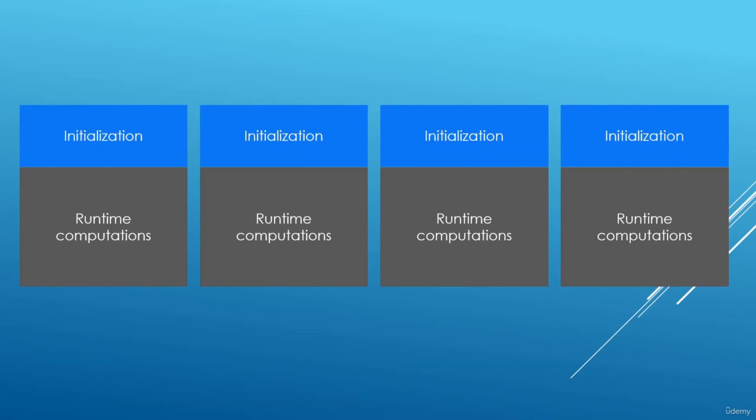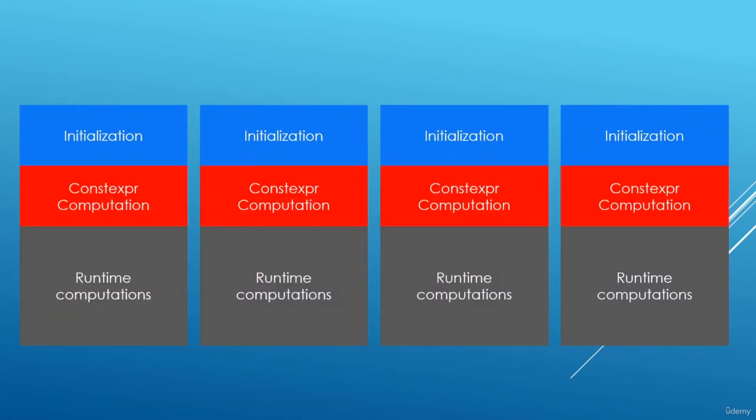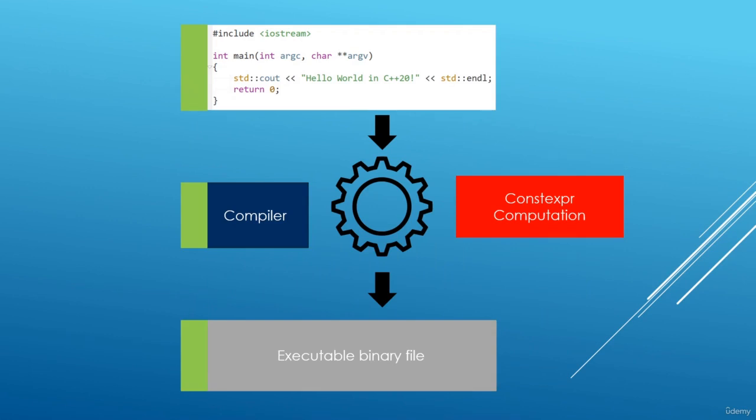So compile time computations are really moving the penalty to the developer. The user of your application doesn't pay the price when they run the application. You, the developer, pay the price when you are compiling your application. So this is the gist of what compile time programming is really about. And we mean that we are doing compile time programming using the constexpr keyword in C++.